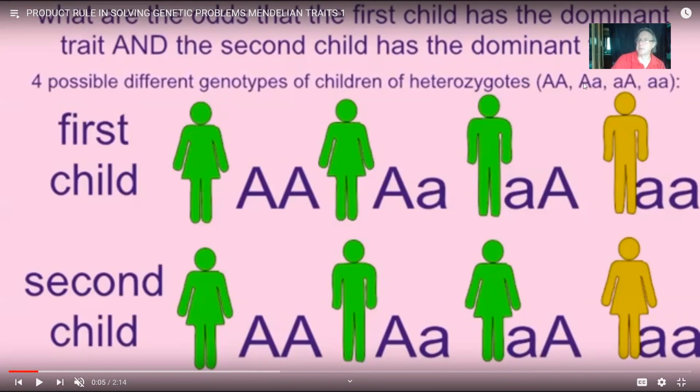You could have a dominant allele from your first parent and a recessive allele from your second. You could have a recessive allele from your first parent and a dominant from your second, or a recessive allele from each. Now, for our purposes, each of these are the same, but obviously those are 2 different possibilities which are indicated here. All right. So there are 4 possible categories, going back to that Punnett square.